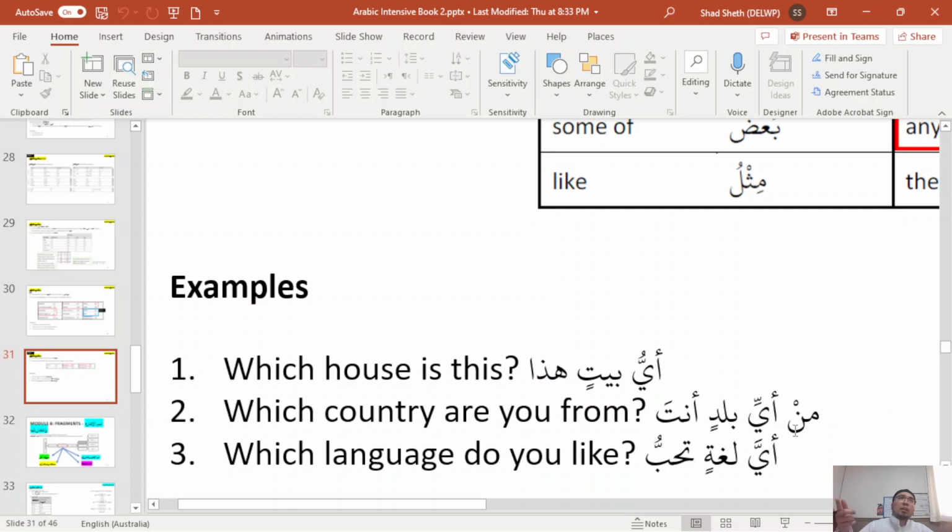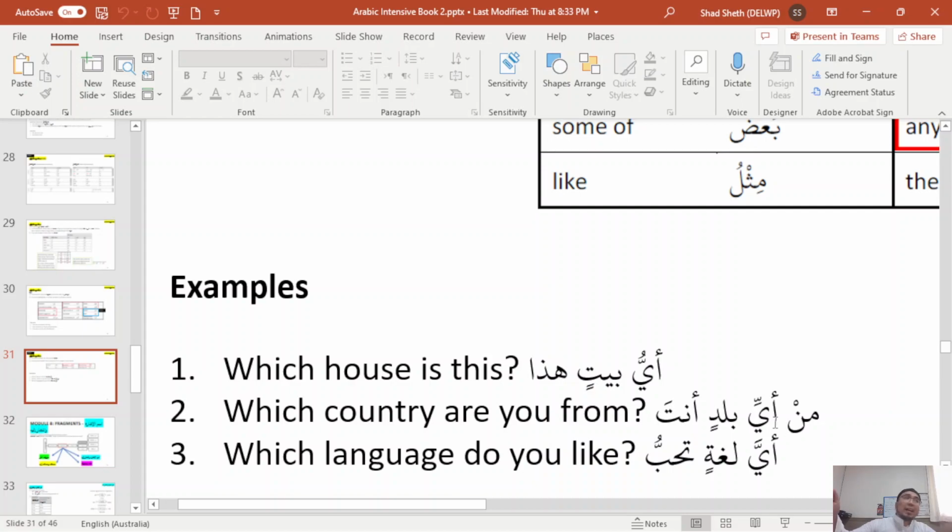Usually last time we say min aina anta. From where are you? Where are you from? In Arabic it is min aina anta. So instead of saying min aina anta, the structure is the same, but you replace it with ayyi. So min ayyi, it is ayyi because of the harfu jar, min. Min is one of the huruful jar.